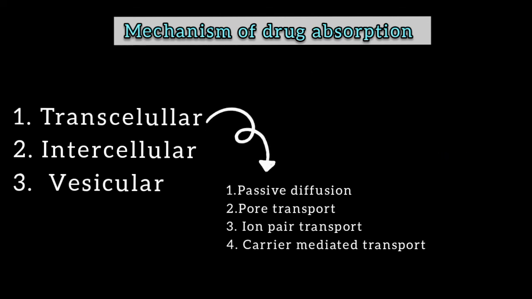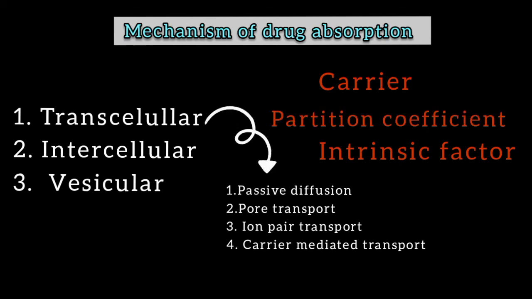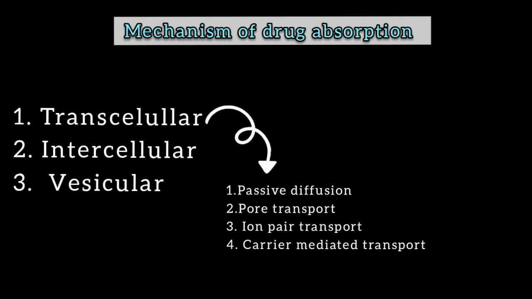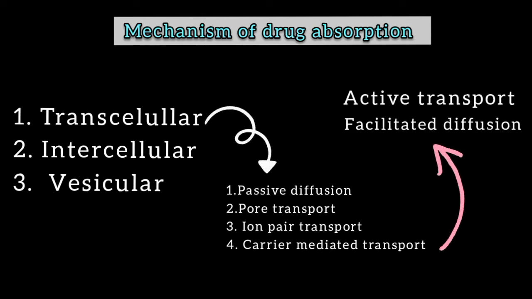And then there's a carrier mediated transport, and with this, not only is there a carrier, but there's also an intrinsic factor, and there's also a concentration gradient, and the partition coefficient plays a role in the movement of drug molecule. And lastly, the carrier mediated transport can be further divided into active transport and facilitated diffusion. So this is the end of the lesson.